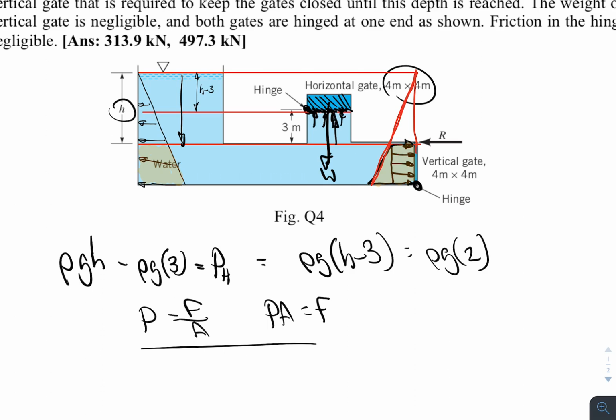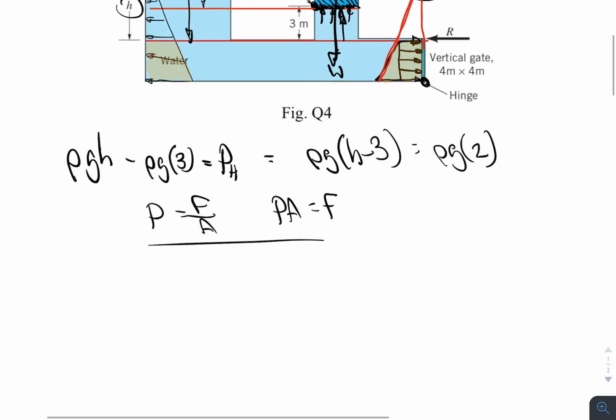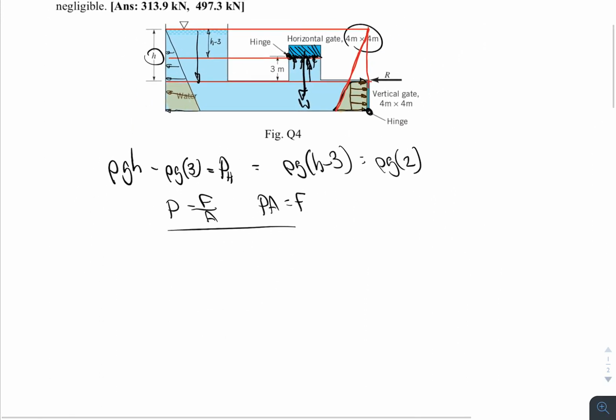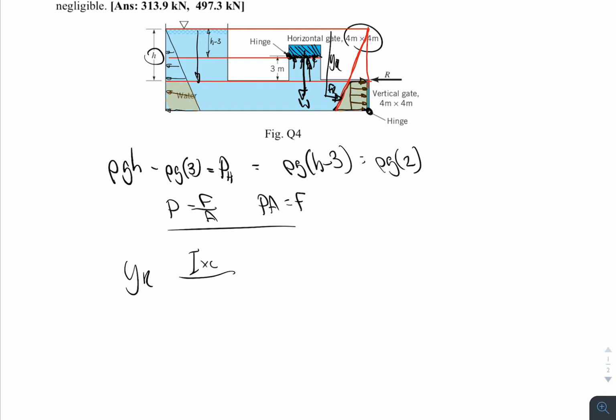It's all the same. So our equation we would have developed in the lectures, we would have derived an equation for y_R, which is the location at which F_R is acting on that surface, and we say that y_R is equal to I_xc divided by y_c times the area of the gate, plus y_c.